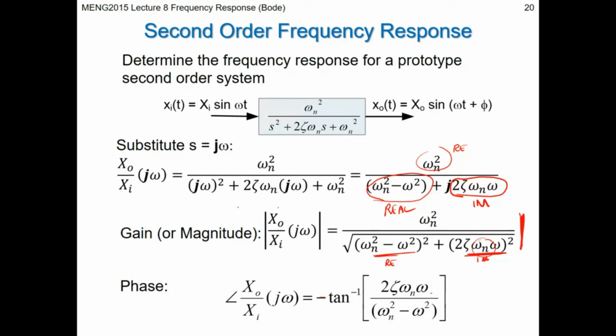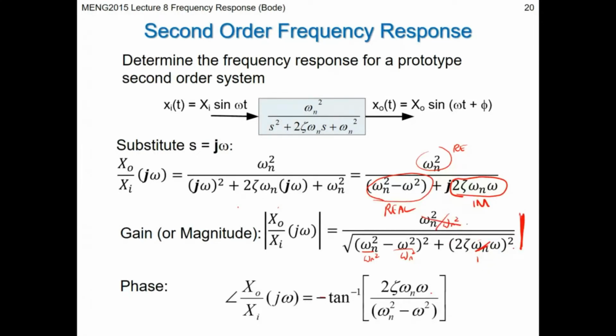So our omega n will come out here, and we are dividing each term by our omega n squared. Because remember, this term is squared here, so we are eliminating it here.